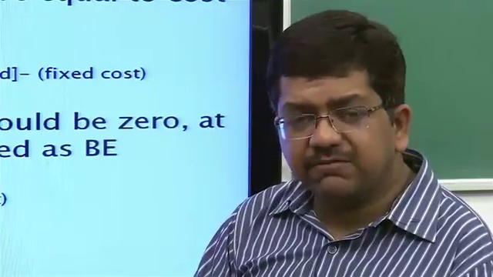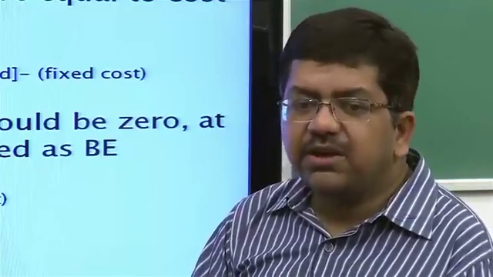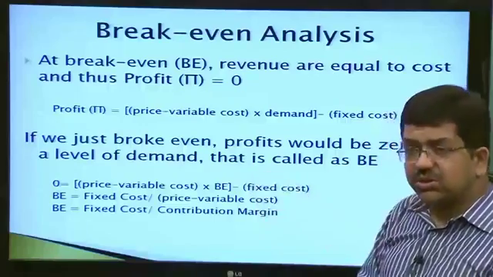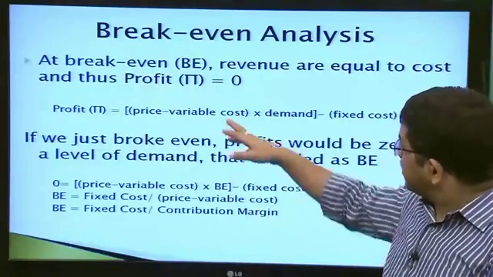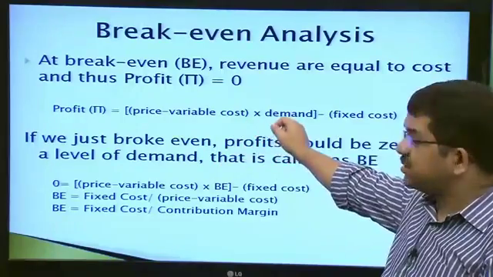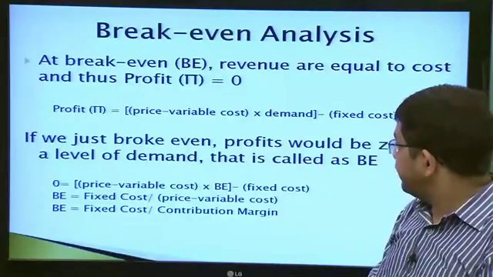point in terms of the number of units sold where your revenues are equal to cost and thus profit is equal to 0. So, here in this equation I have shown that profit is equal to price minus variable cost multiplied by demand, minus fixed cost.